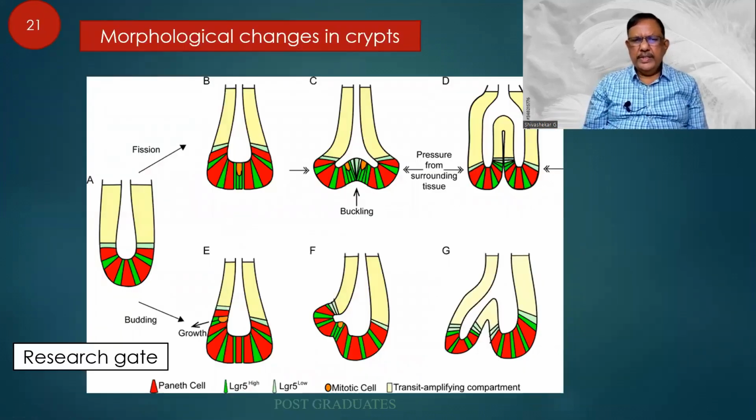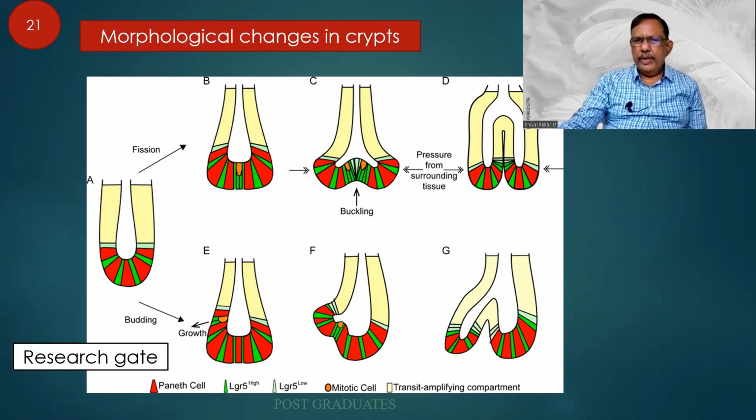What are the morphological changes? So one, you find that there is a fission or a fissure. So there is a kind of fusion or an addition that happens over here. And there can be the broadening of the crypts, after which there is a buckling. There are different types of cells, go back to them. But then you see that there is a buckling, just as you see an infolding in a case of glandular hyperplasia, and it folds much inside.